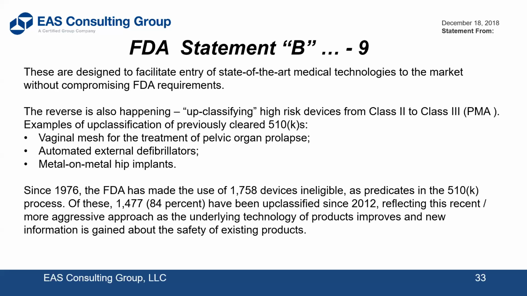And if they had questions that required clinical data and they didn't have that clinical data, although they would have had field history data, they might have to supplement that as well. But they were given a period of time in most cases to do that. It wasn't that they were just stopped. If it was no longer class 2, they had to pull their product off the market and go through the PMA route before they could go back on the market.